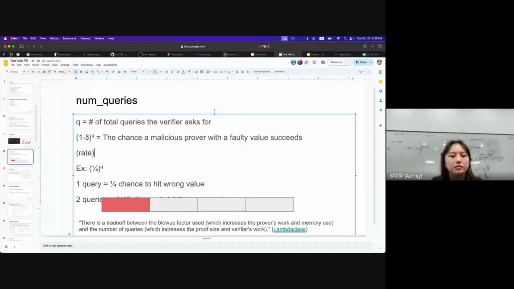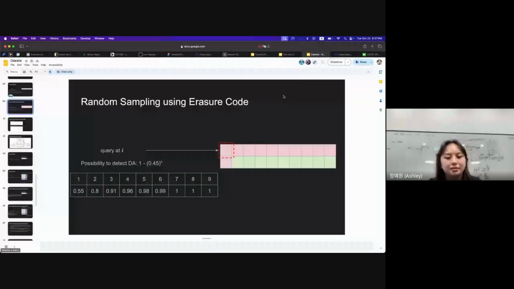Because after the second iteration, in order to be a low degree polynomial, the chance to deceive the verifier is the same as the rate, because the denominator in the rate is the coset domain, which is extended.